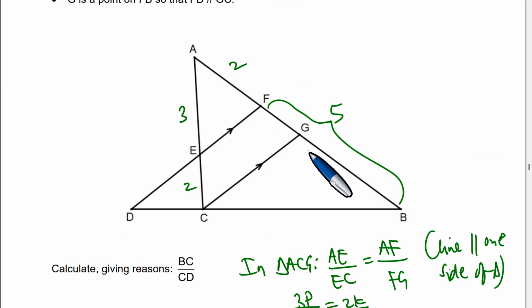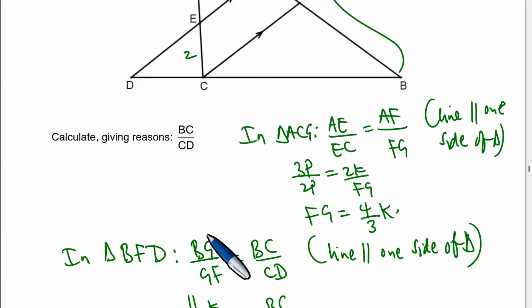You can easily show that BG is 11 out of 3 because of the parallel lines FD and GC.